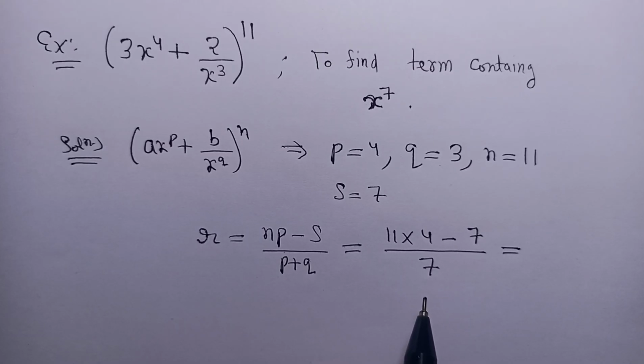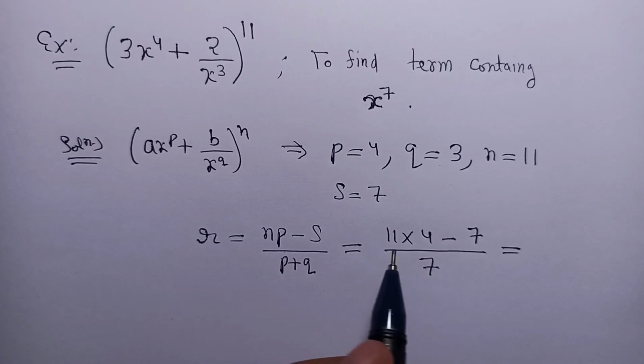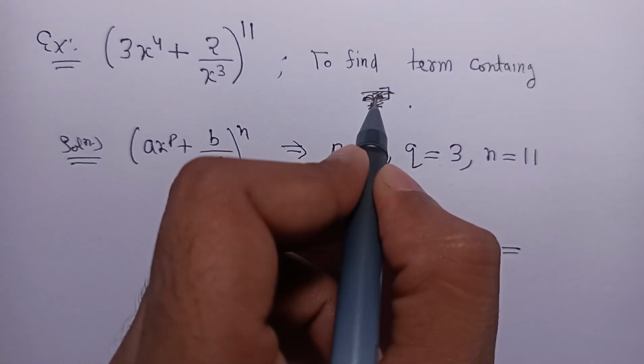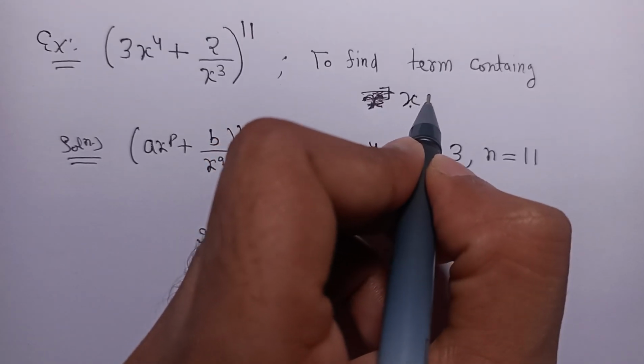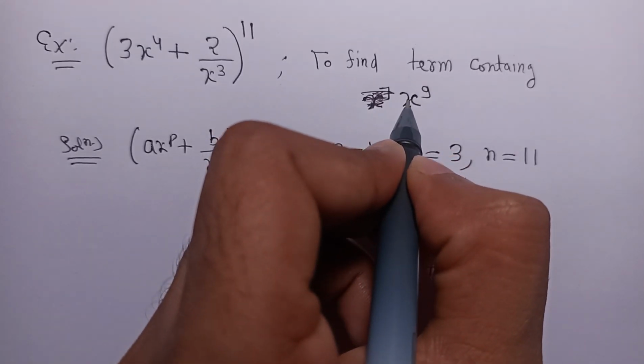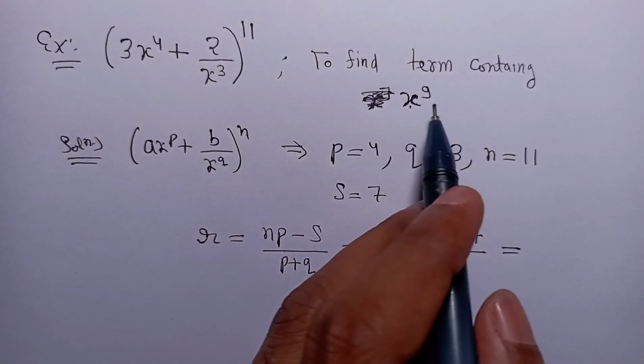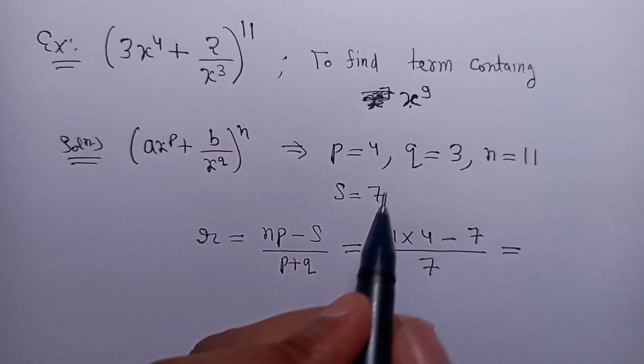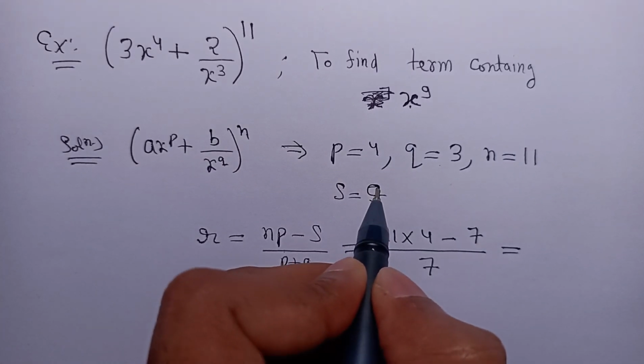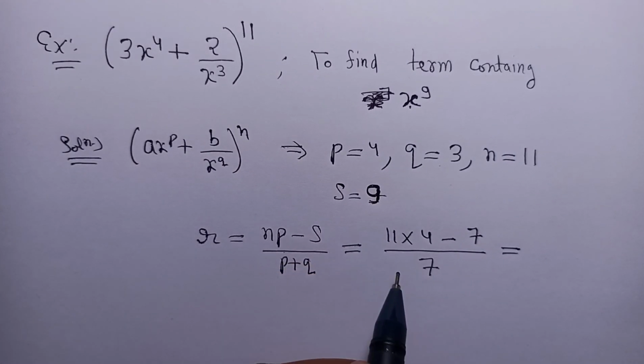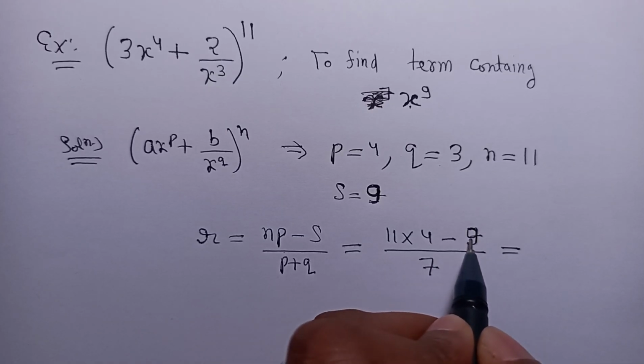okay, 44, you can find x power 9, make it x power 9. Okay, I just made this question right now, so we have to make it properly x power 9. So your s value is 9.